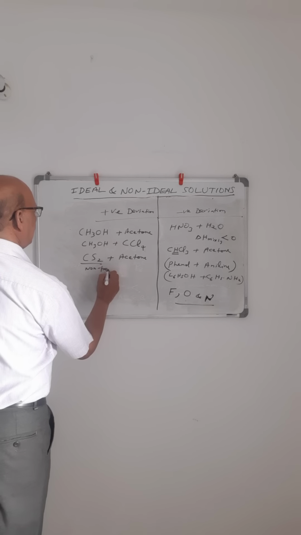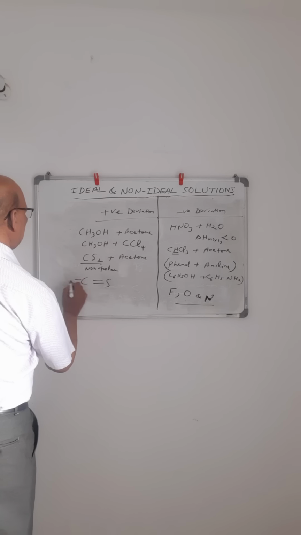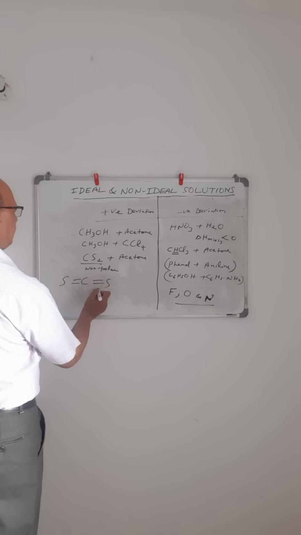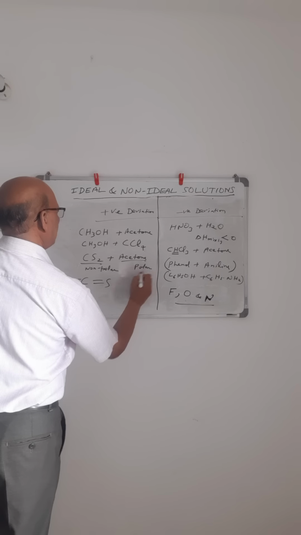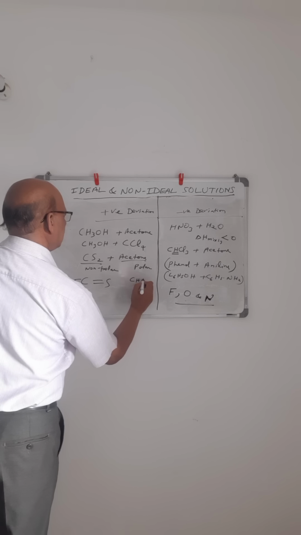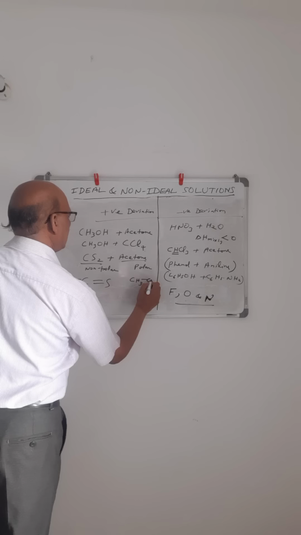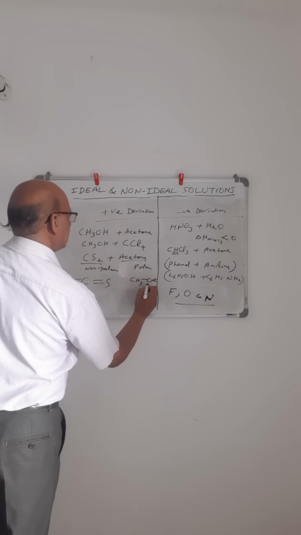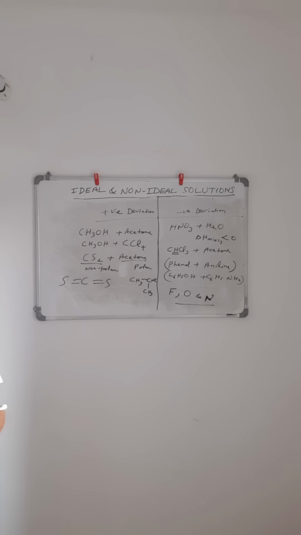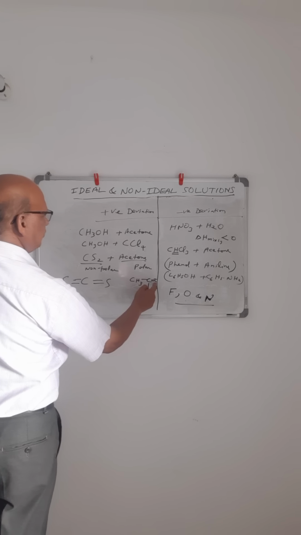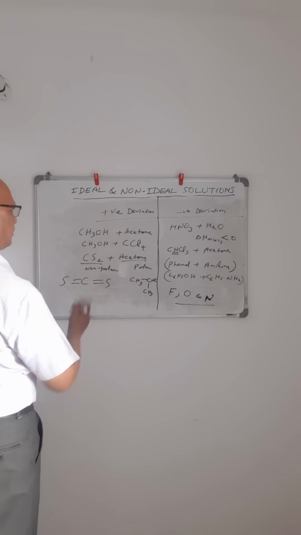CS2 is a linear molecule, so it is non-polar, and acetone is a polar molecule because it is CH3 CO CH3. Because oxygen is more electronegative, it is a polar molecule. So we can take various examples like this.